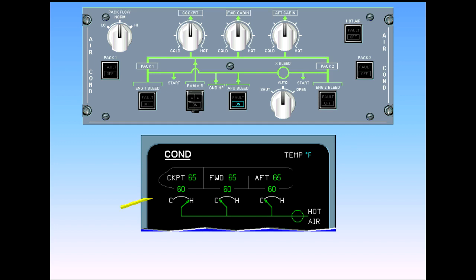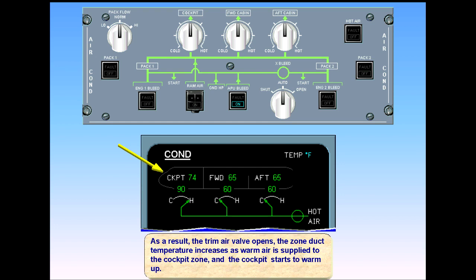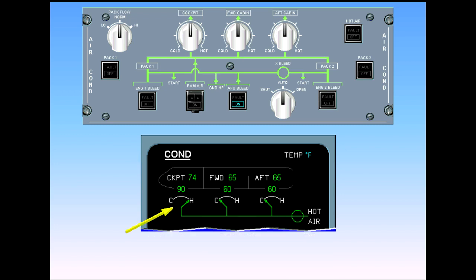The zone duct temperature increases as warm air is supplied to the cockpit zone, and the cockpit starts to warm up. When the cockpit reaches the requested temperature, the trim air valve will move toward closed, reducing the amount of hot air. It will then move as required to maintain the zone temperature.